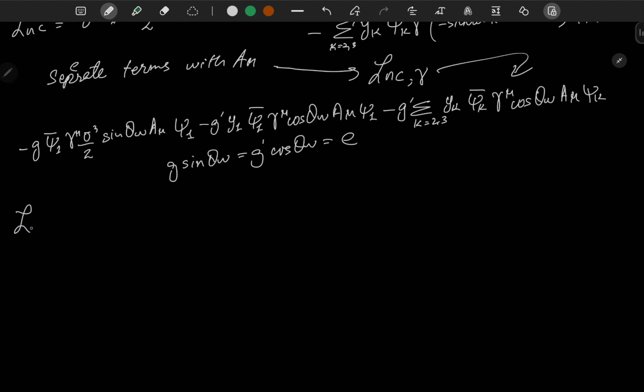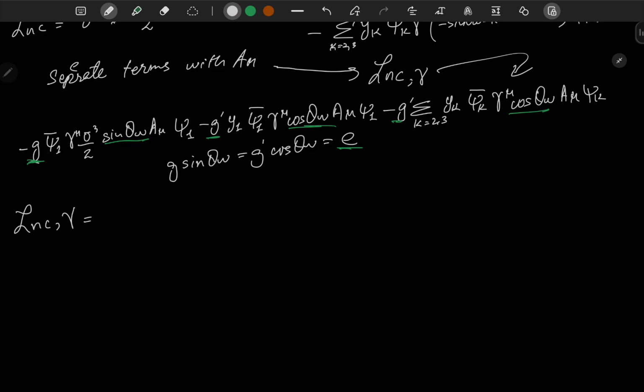So now after using this unification, for all these three terms we are simply going to write e.